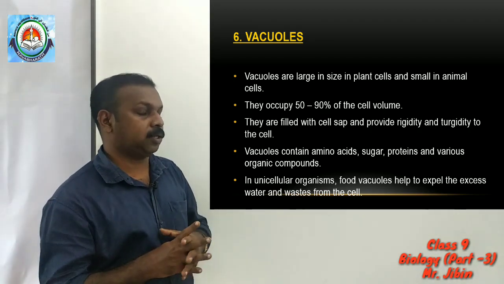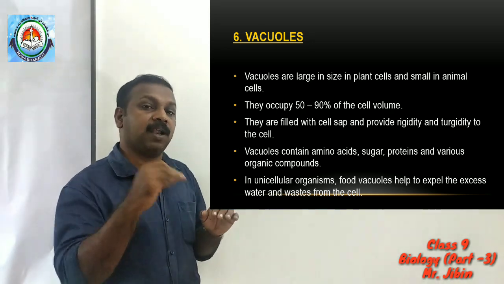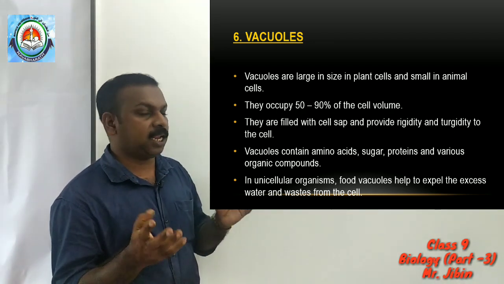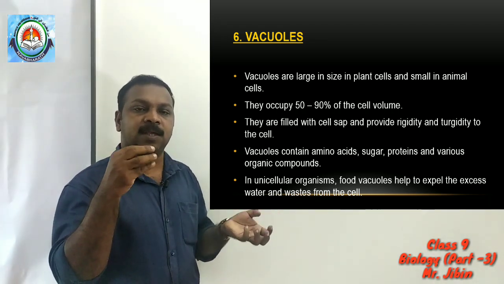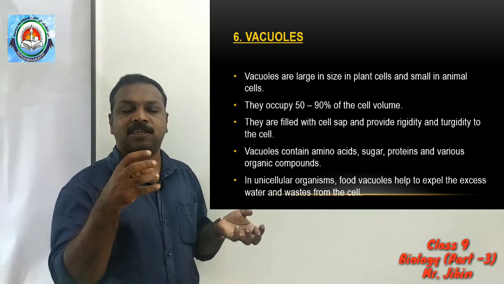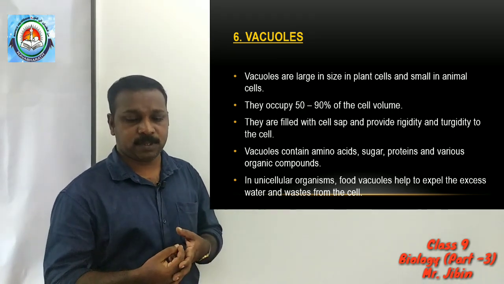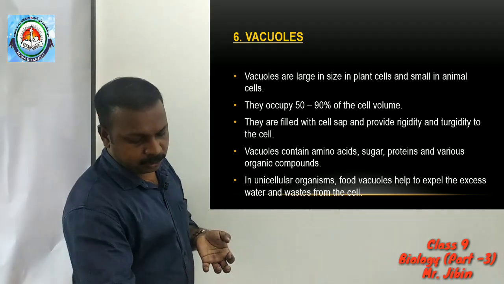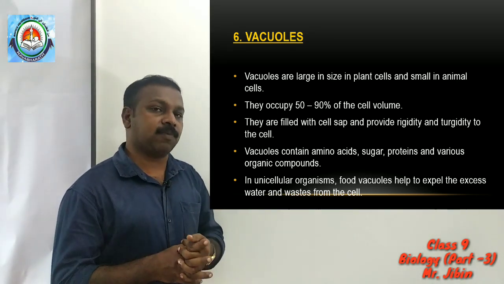That is a function here. So cell sap is present in vacuoles, and this cell sap is filled maximum in these vacuoles. So it has a property of rigidity or turgidity. Okay. Now what are the contents in the vacuoles?